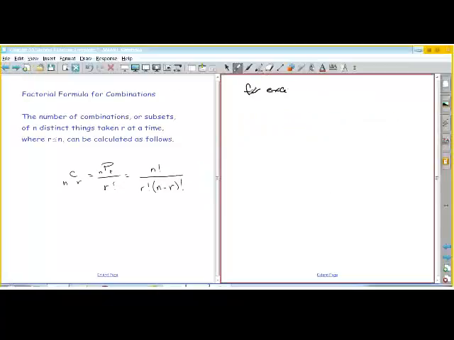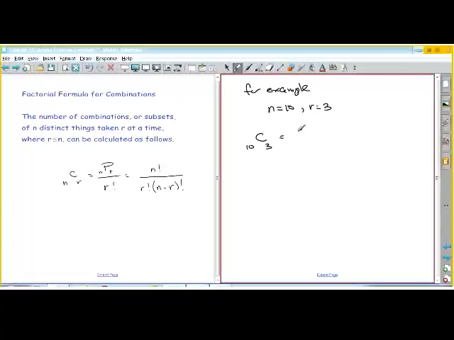So for our example, n is 10. That's the number of people we have to choose from. R is 3, the number of people that we're putting in our committee, our subset.